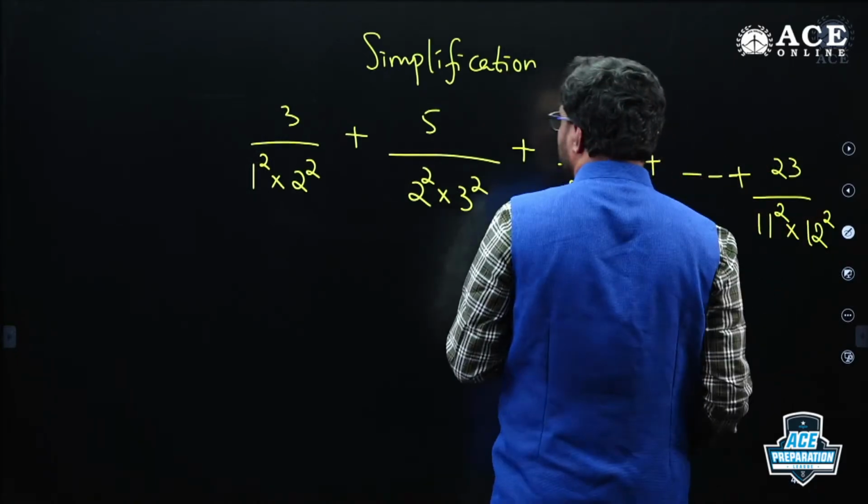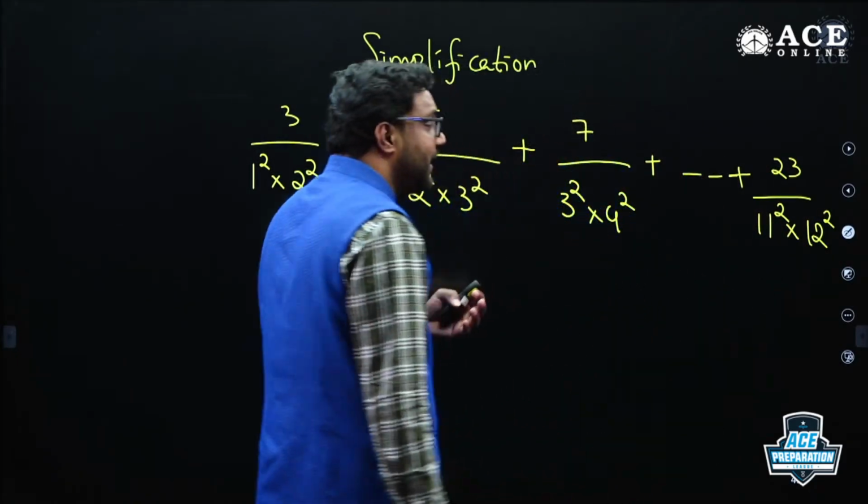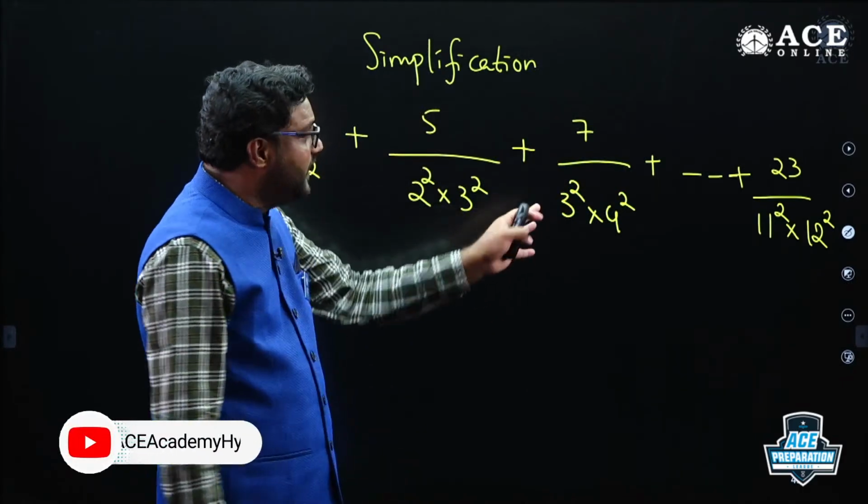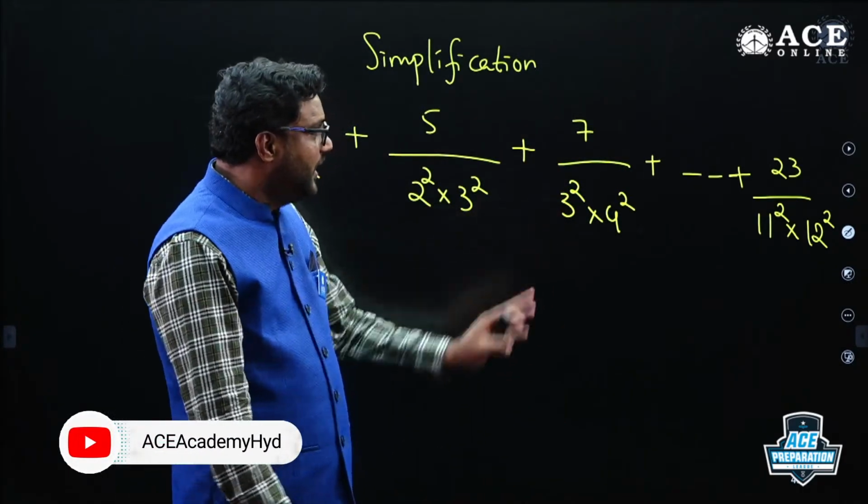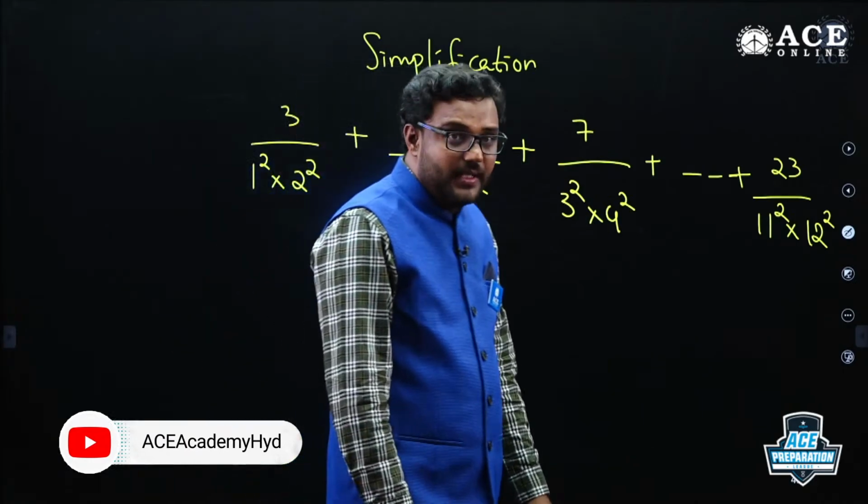Numerator is 23 here. Now all this you have to calculate, my dear friends. Sum of all this you have to calculate, simplify this entire big equation, okay.